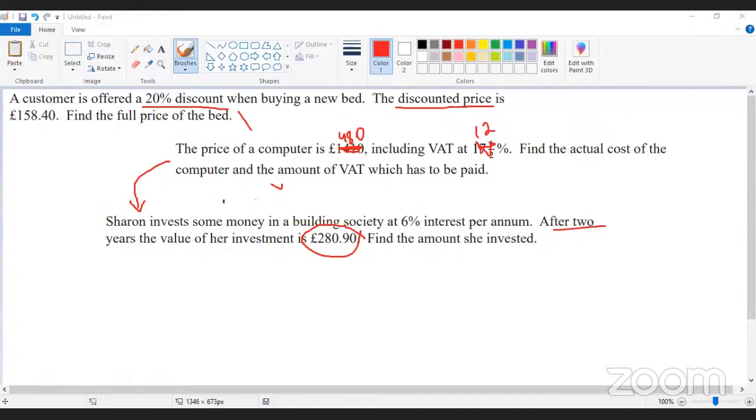So 280.9 was after 2 years. So after 2 years, the investment has happened. So the value of the investment is 280.9. Find the interest. So how many percentage is this? 280.9.